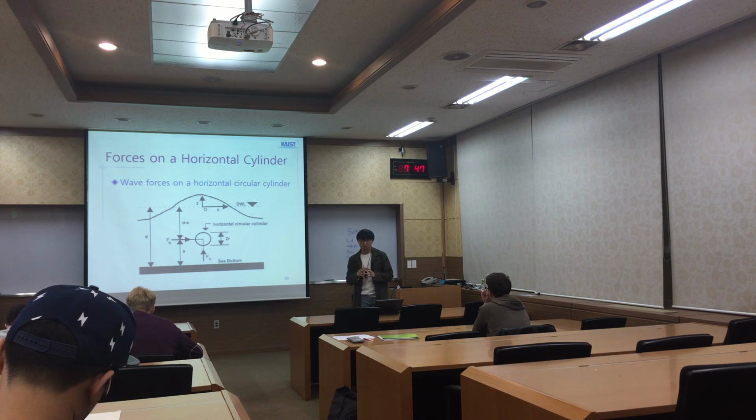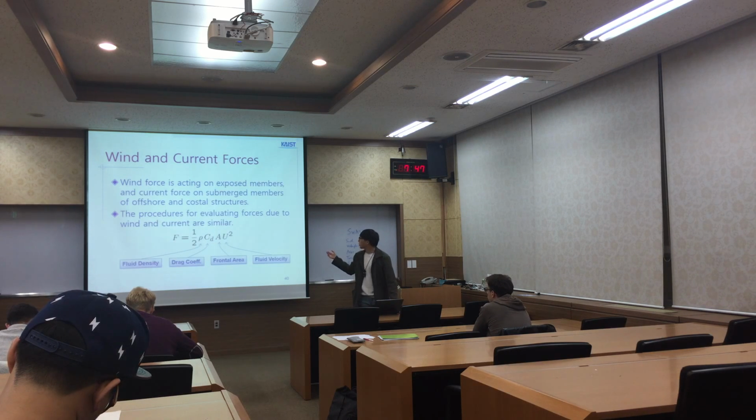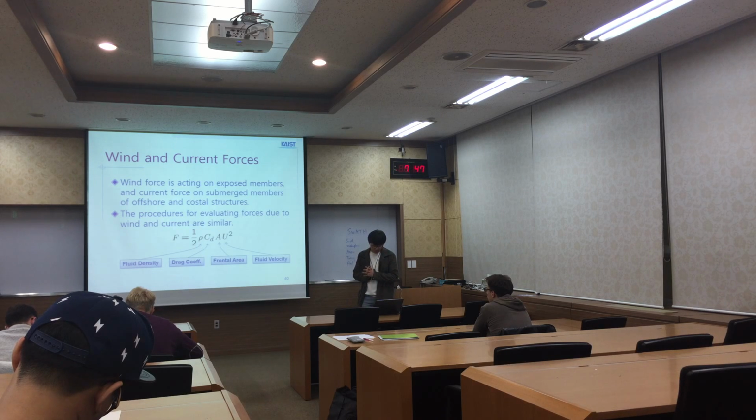For the vertical cylinder, the current force was neglected because it was very small, and we will now consider both of them. Wind force and current forces are evaluated by the above equation, very similar, with density, drag coefficient, area, and velocity.